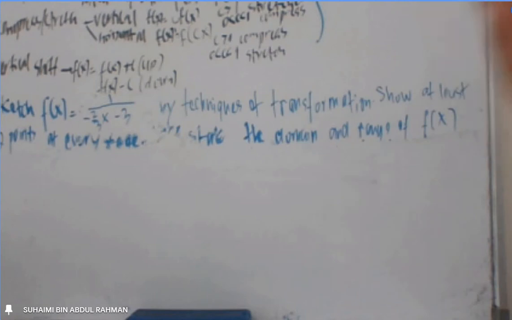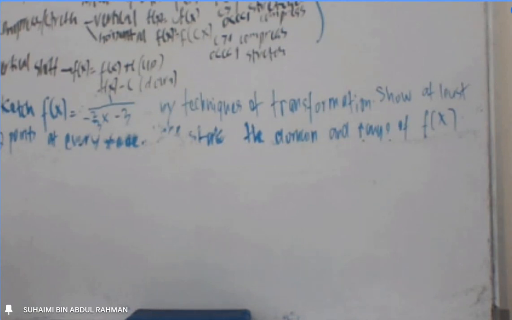And from step to step, we have to show which transformation happened from that step to that step. And after we get the last function, we determine the domain and range of that function. Right.